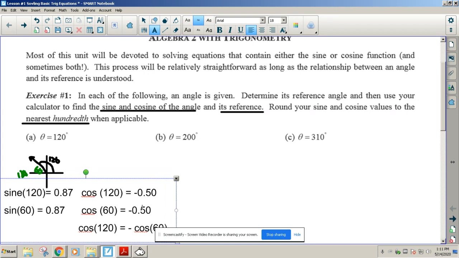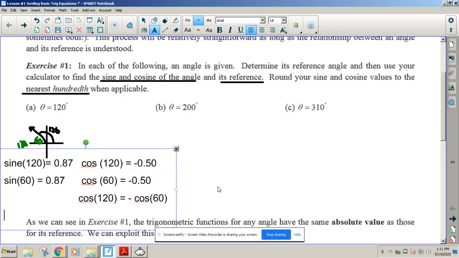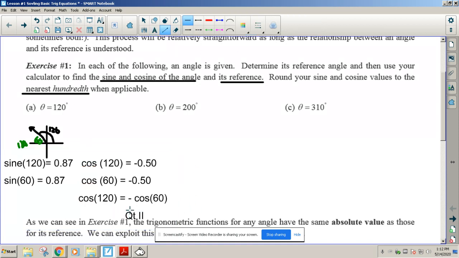And the negative down here meant quadrant 2. And let's draw a little arrow. So this means we are in quadrant 2.